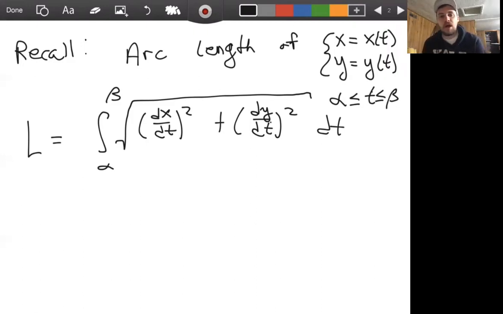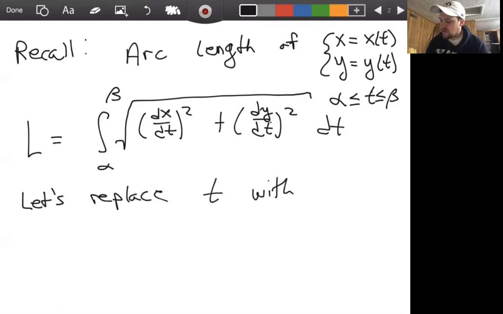We learned that this was arc length, and we want to now start with something we've already derived and derive a formula for arc length in polar coordinates. So I'm going to do kind of a cheap trick here. T is just a variable representing the parameter, so we can call it whatever we want. So let's replace t with theta.